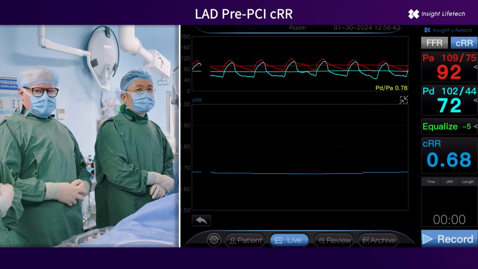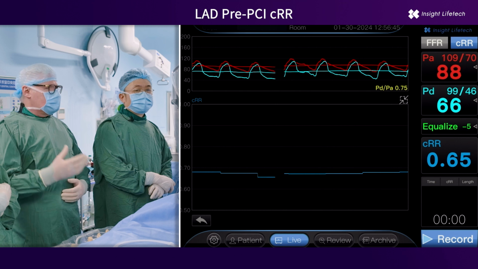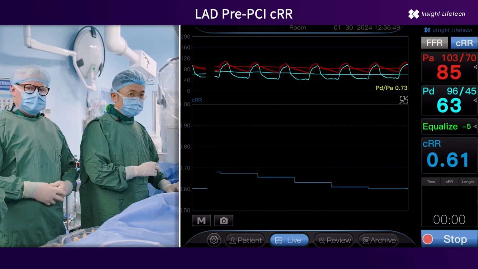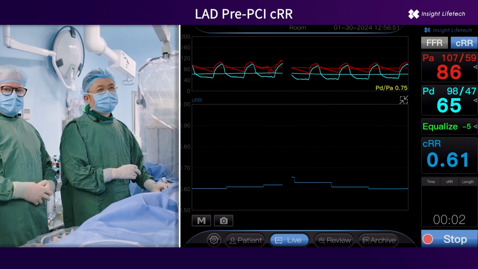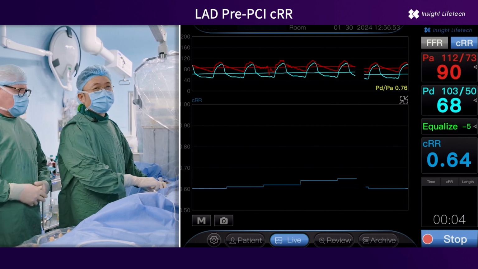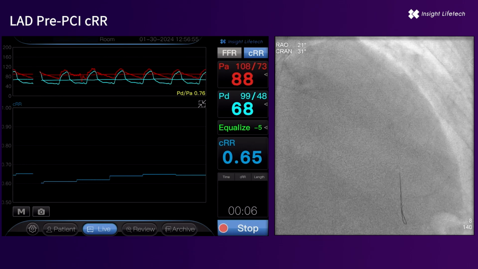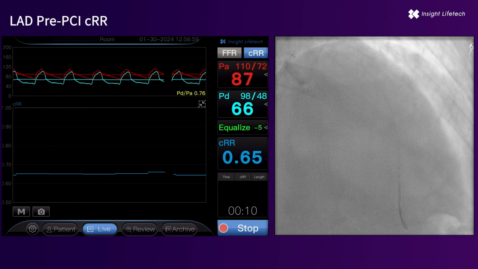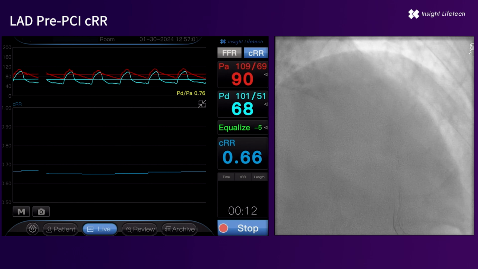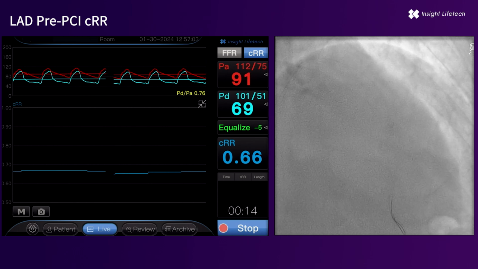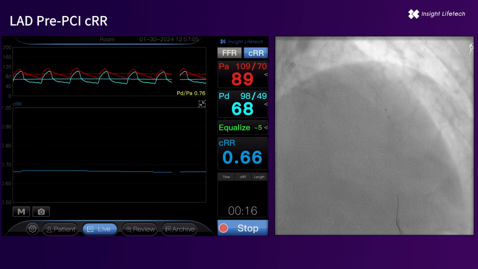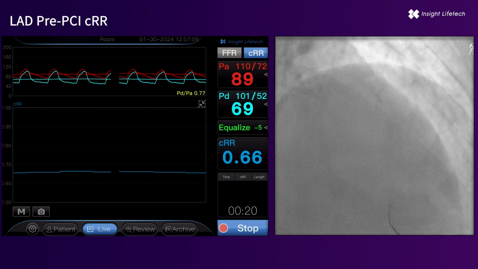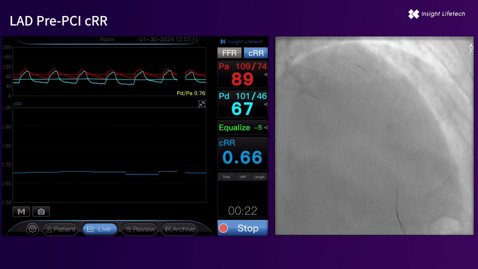The value is 0.68, so there is definitely ischemia, which is maybe not so strange, but what we are interested in is to do the pullback, and we can do it now even with non-hyperemic gradient, because definitely we need to intervene. So Professor Jun is slowly pulling back this microcatheter across the stenosis.